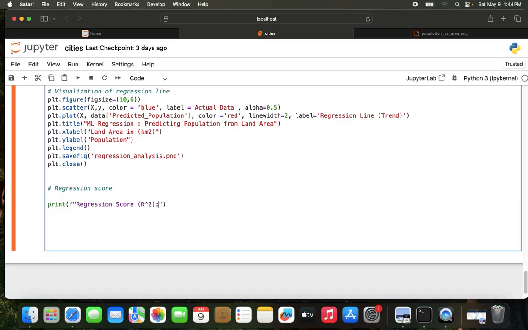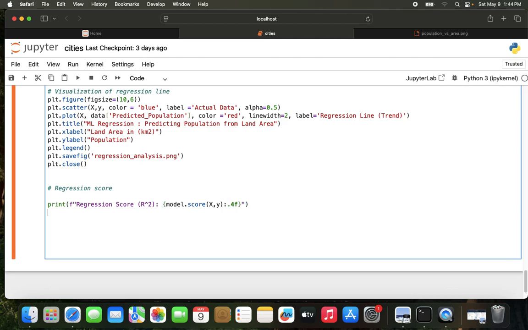So we're going to call model.score, and then we're going to pass x and y here, and then we want 4 floating points, so .4f, like so.